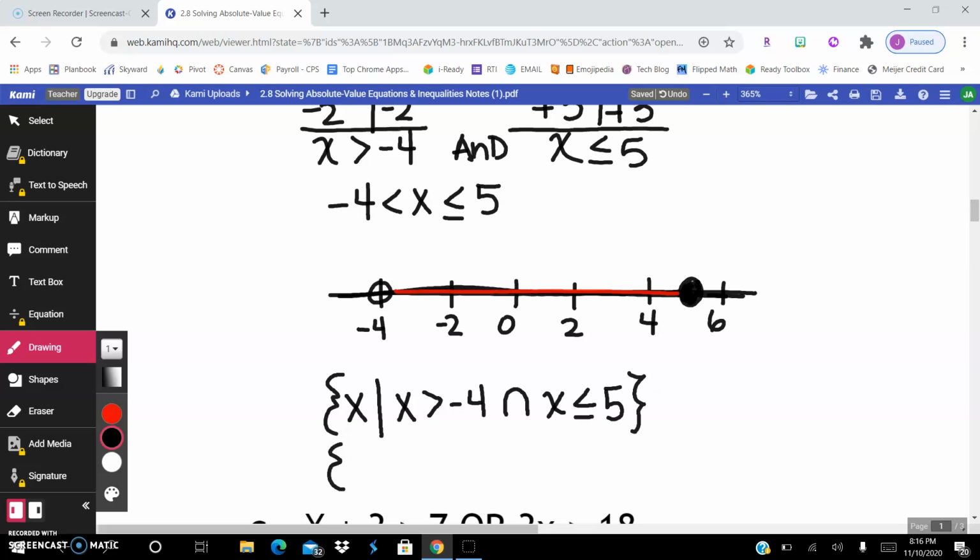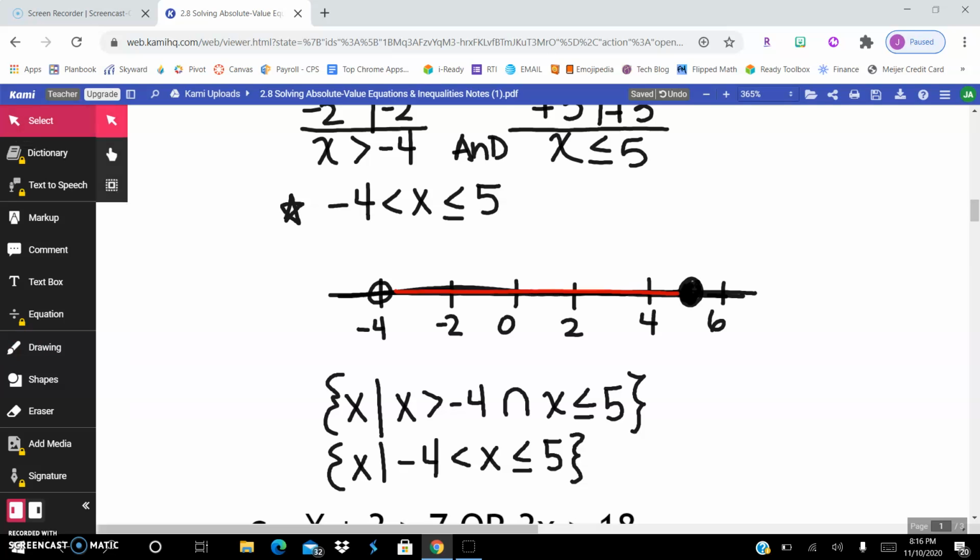And we could also write it using this inequality. So whichever one you prefer, both of these answers are saying the exact same thing, just look a little bit different.